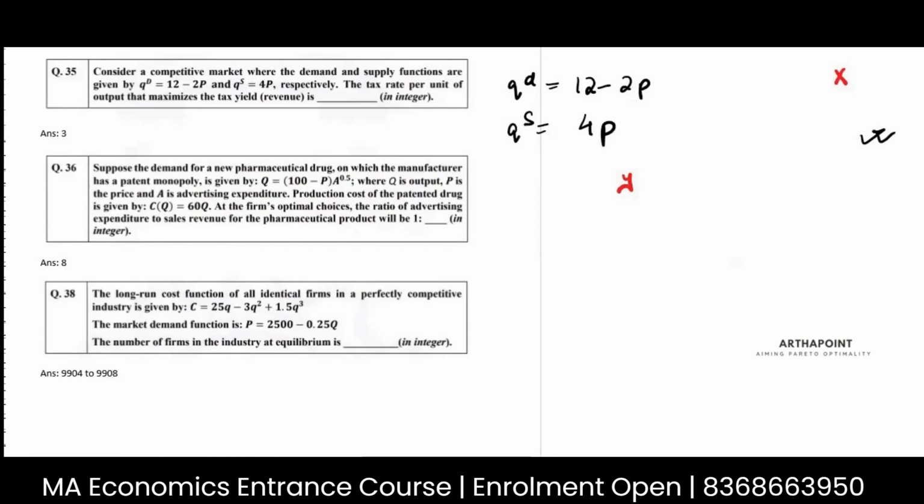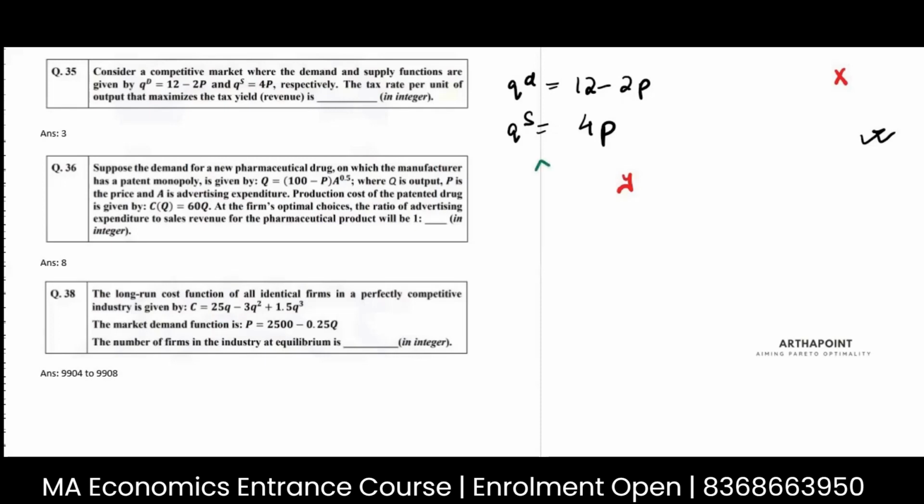Now, this is a concept which we will actually do a little in macroeconomics also, as to what is the optimum tax that should be charged. Usually, I'll just give you a gist here, but we will read it once more in macro also. It's a part of bits and pieces. It comes in Indian Eco also.